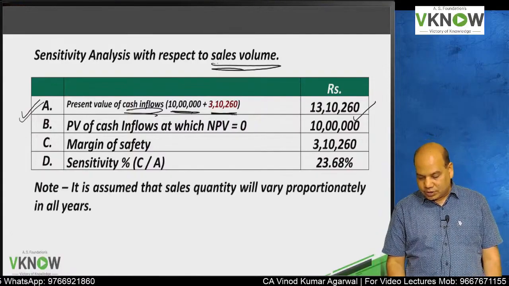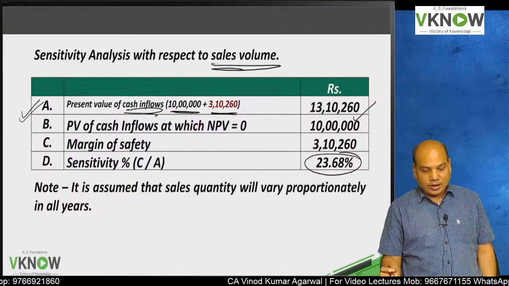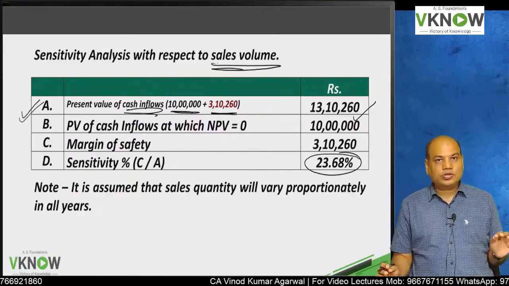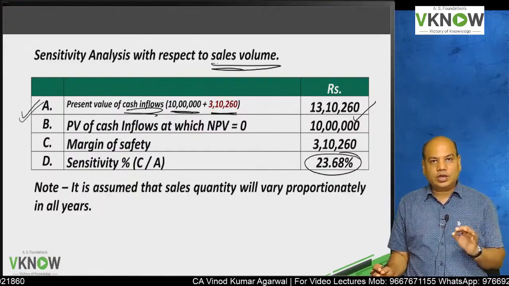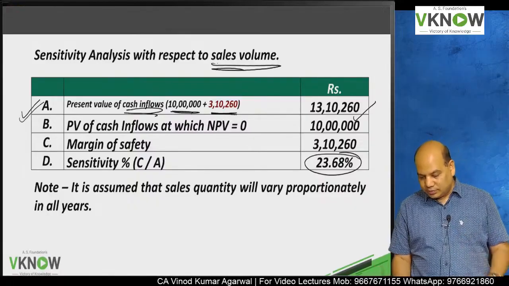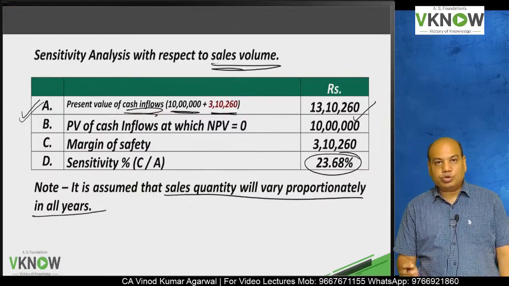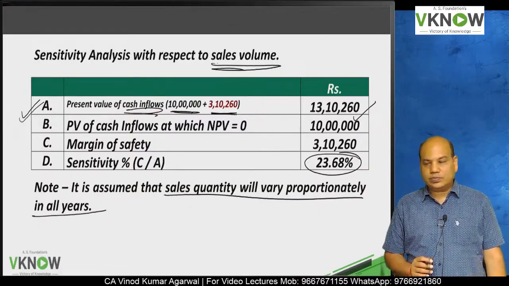23.68% sensitivity percentage. But one assumption we are making, in the given question your sales volume is different in different years. So we are assuming that sales quantity will vary proportionately in all the years.